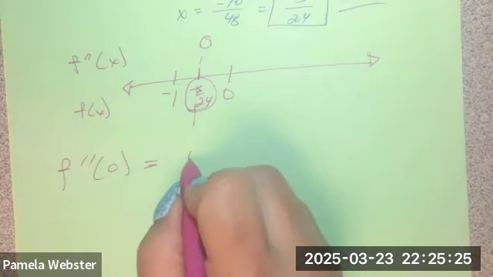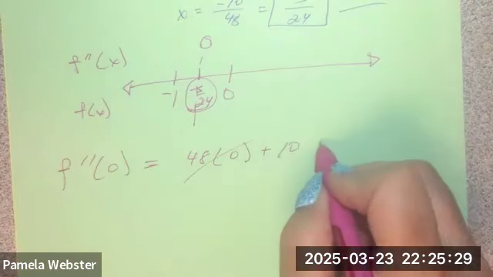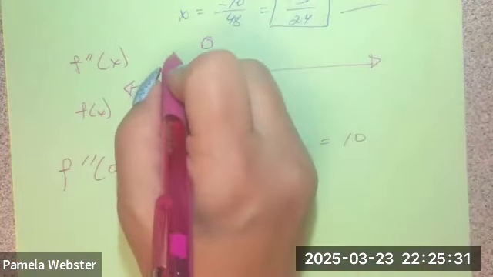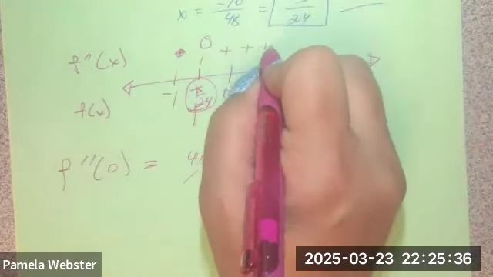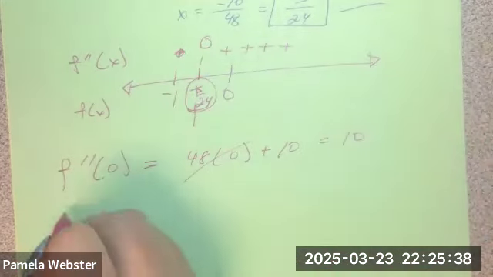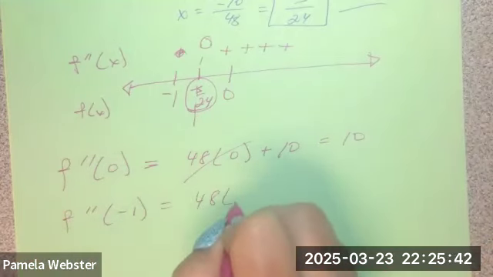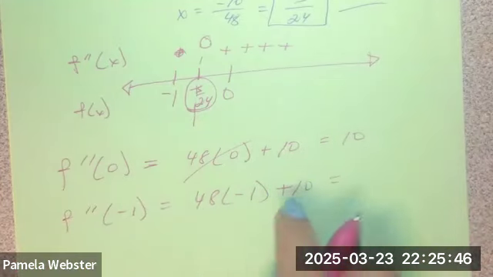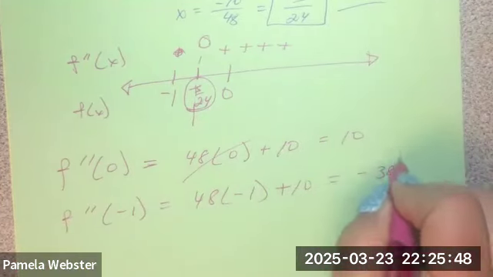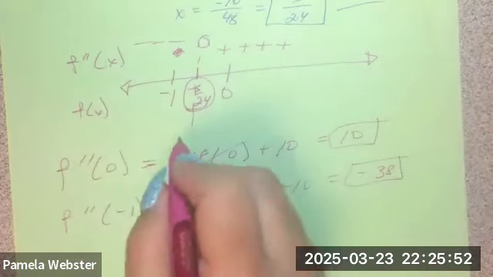And that derivative was 48 times 0 plus 10. That's a positive. And then f double prime of -1, 48 times -1 plus a 10, -48 plus 10, -38. That's a negative. That's all I care about is the sign.